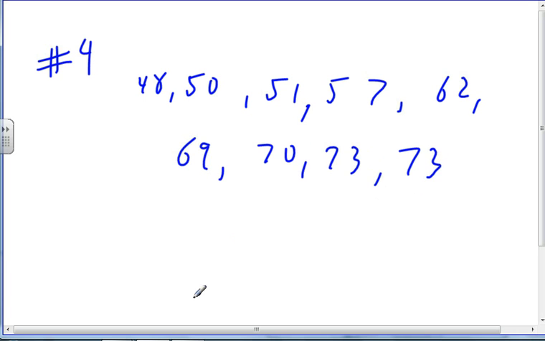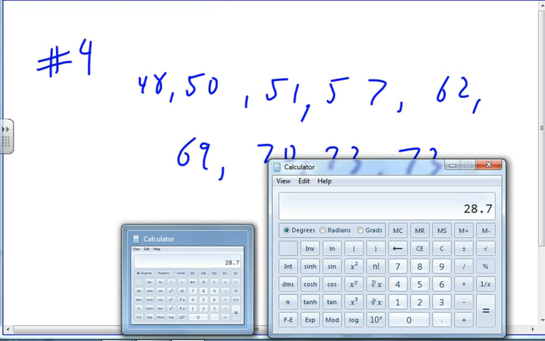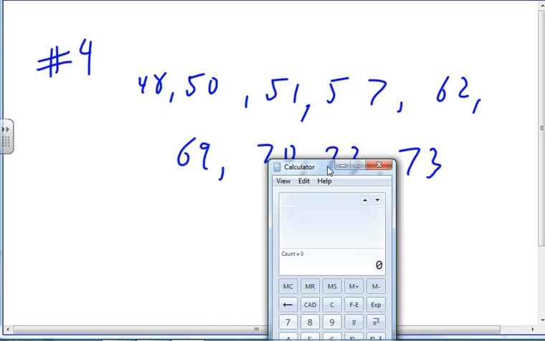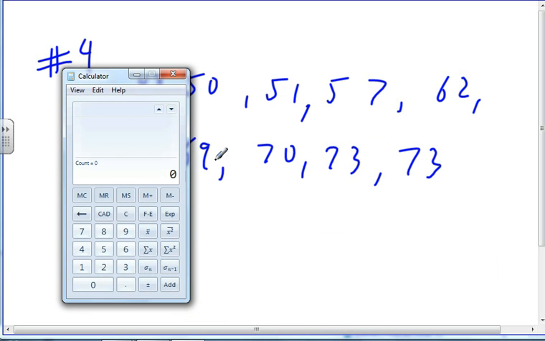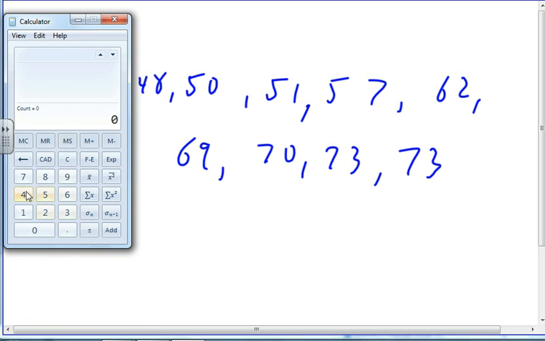All right. And we want to know, why doesn't this scientific calculator, oh, look at this, a statistics calculator. Oh, isn't that nice? Okay, I'll just use it.